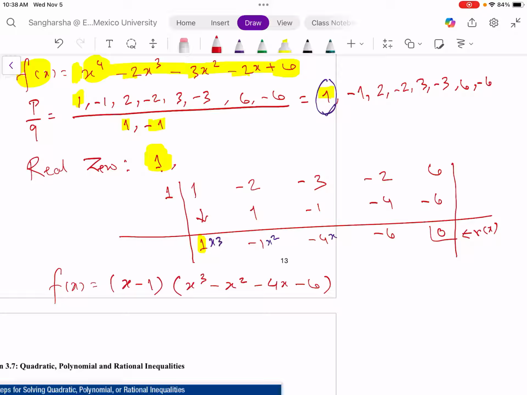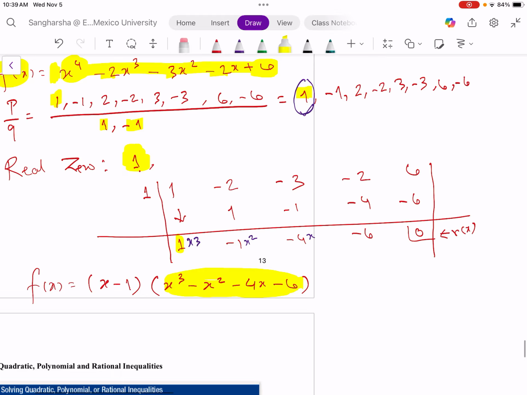Now we still need to factorize this cubic term here. For that we find a real zero for this expression. We find a number that makes this expression equal to 0. Can you think of an x that makes this expression 0? And that number will be from here.